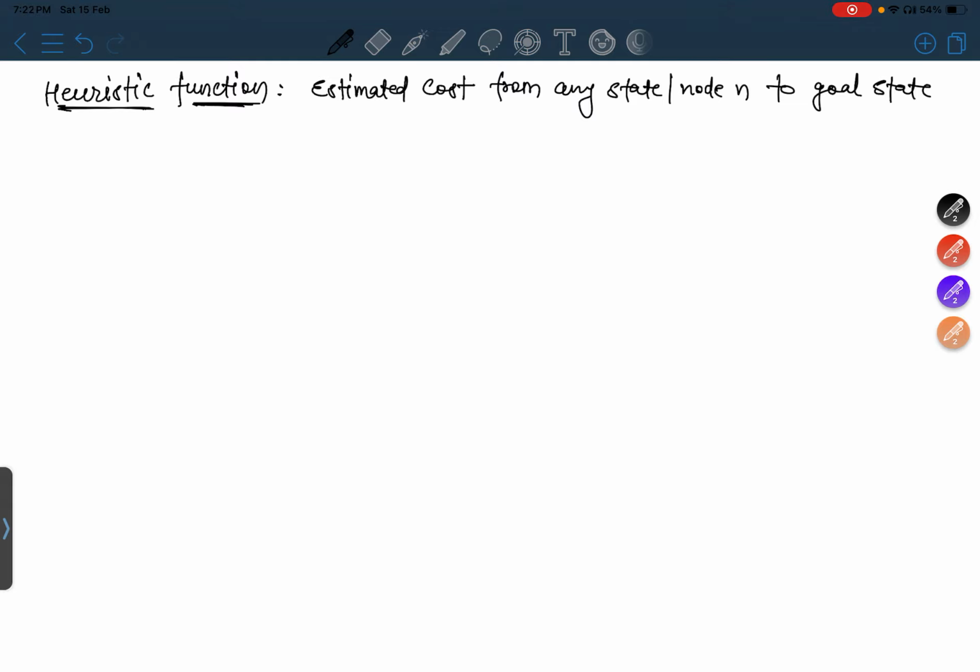We talked about how this estimated cost should always be less than or equal to the actual cost. Since we took an example of a straight line, if we want to go from city A to city B, what will be the shortest distance between these two? It will be the straight line distance, right?